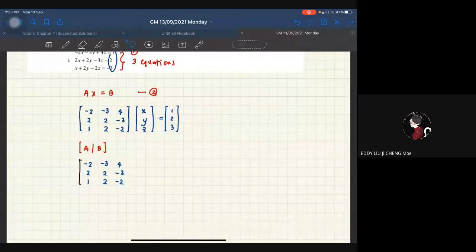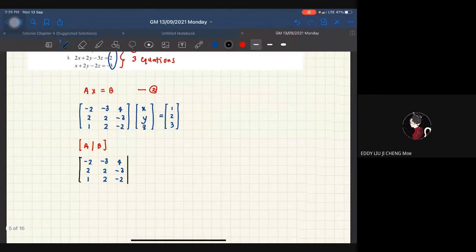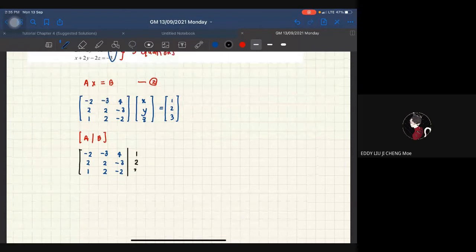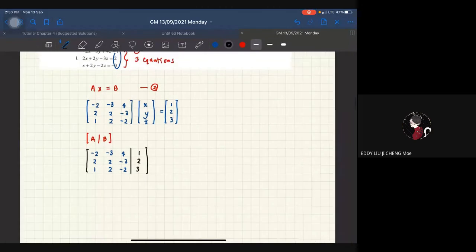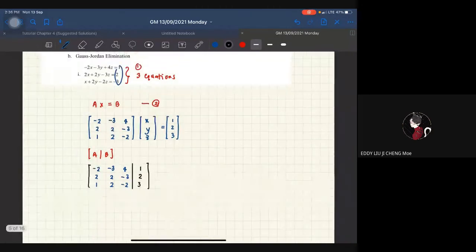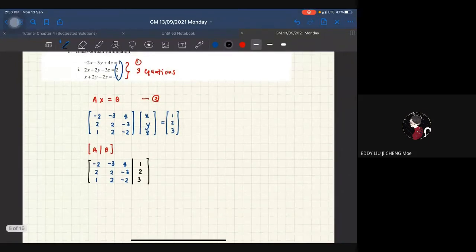Okay, so kita punya nak cari nilai X dia ni sama tak dengan ERO punya steps? Yang guna row operation tu. Sama, yes, betul. Sama. So basically Gauss-Jordan dan juga ERO ni dia sama je. Kita still akan guna tambah tolak, kita still akan guna changing rows ataupun kita akan guna scalar multiplication.